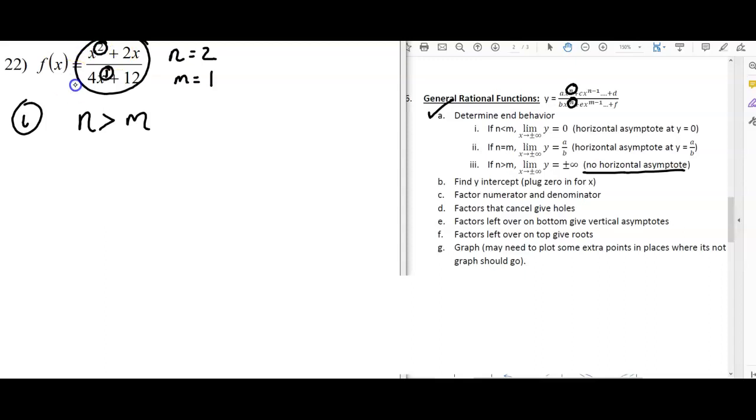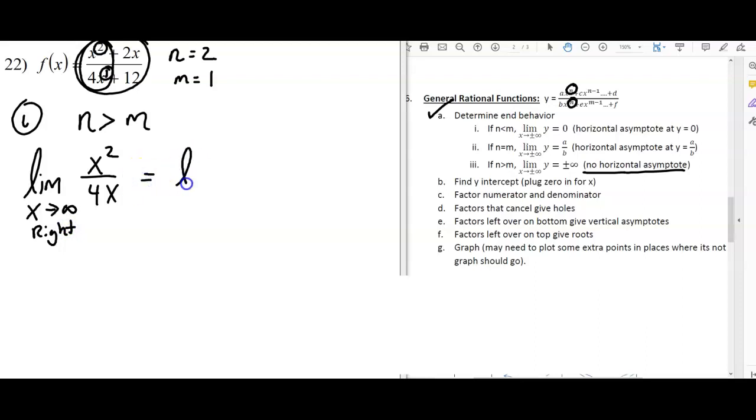So what you do is you take the first terms, x squared over 4x, and we're going to find the limit of this as x approaches infinity. And what that means, this is the right side of our graph. We want to know what's happening on the right side of our graph.